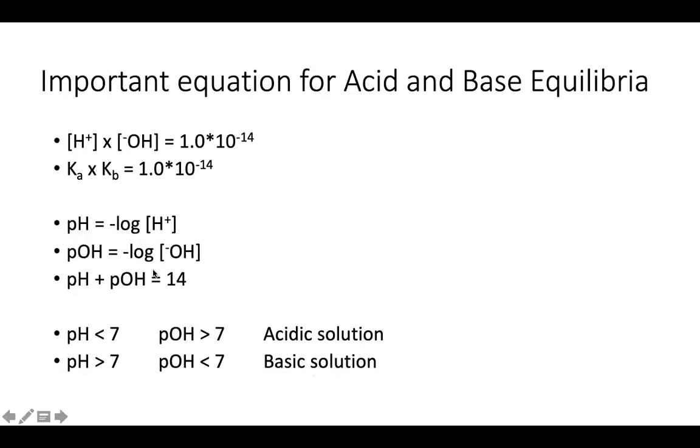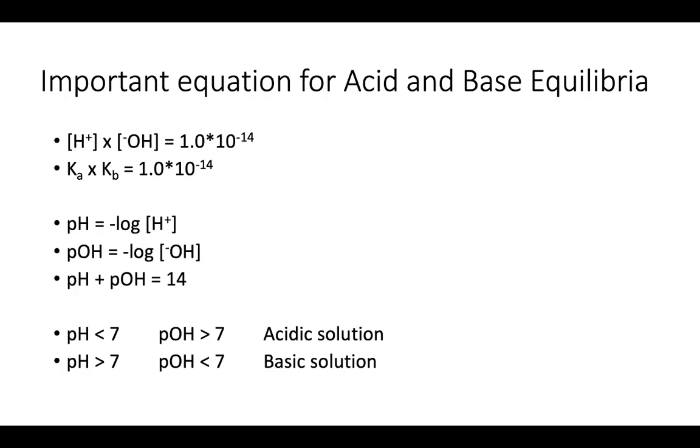If you plug in 2 molar for your concentration of H plus, when you solve for your pH, it will actually come out to a negative number. So just be aware that it is possible to have a negative pH or pOH.